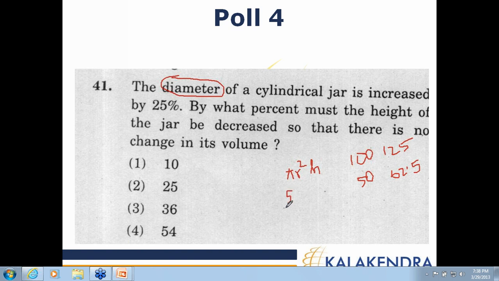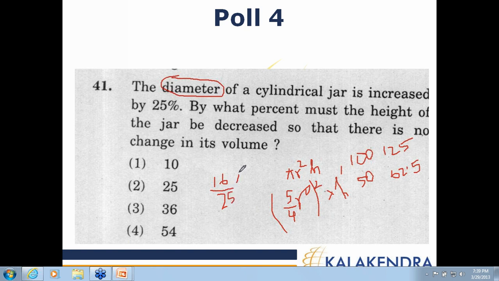Okay, so this must be squared, and we've got to multiply this by the new height, let's say h dash. In order that the volume is unchanged, h dash must be equal to 16 by 25 times h, the old height.